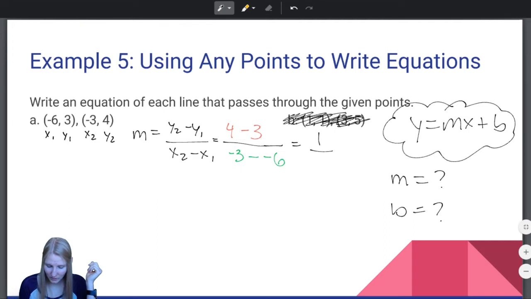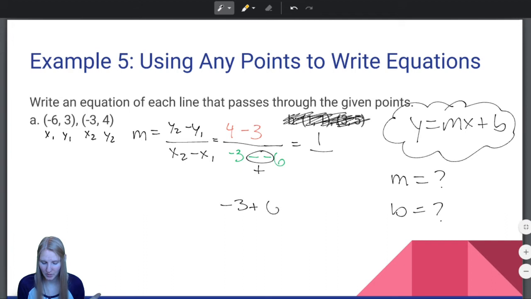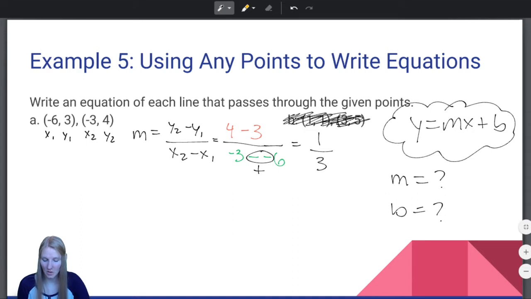And -3 minus -6, remember minus a negative comes together and becomes positive. So -3 plus 6, well, that's the same thing as 6 plus -3, or 6 minus 3, which is 3. Cool. Okay, so we get that our slope is equal to 1/3.